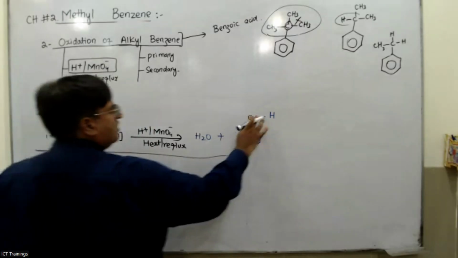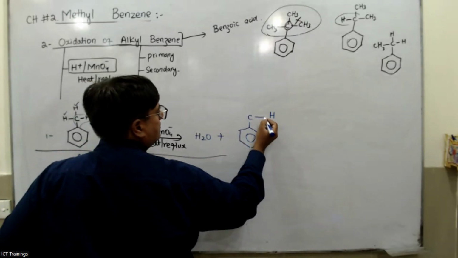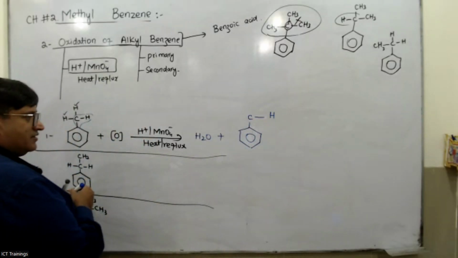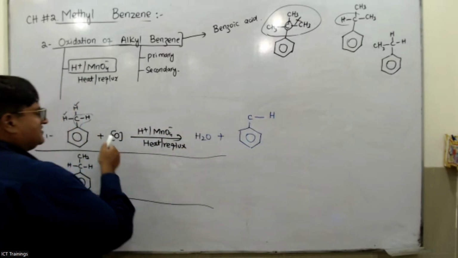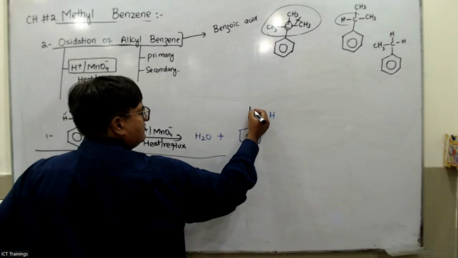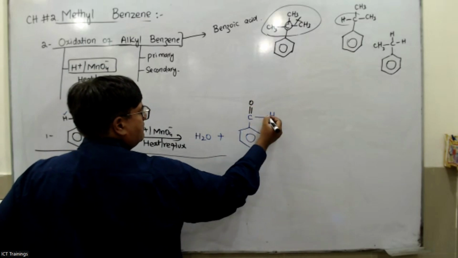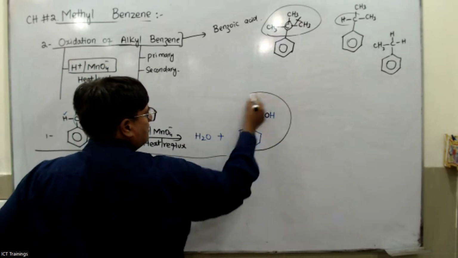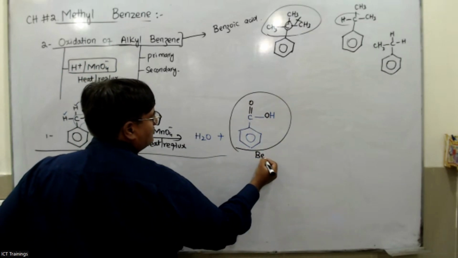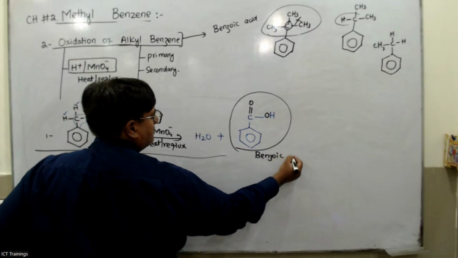Now what would happen? Listen, this carbon and hydrogen is present, so oxygen would form a double bond with this carbon, and oxygen would be attached up here. So this whole thing, my dear, would form benzoic acid.